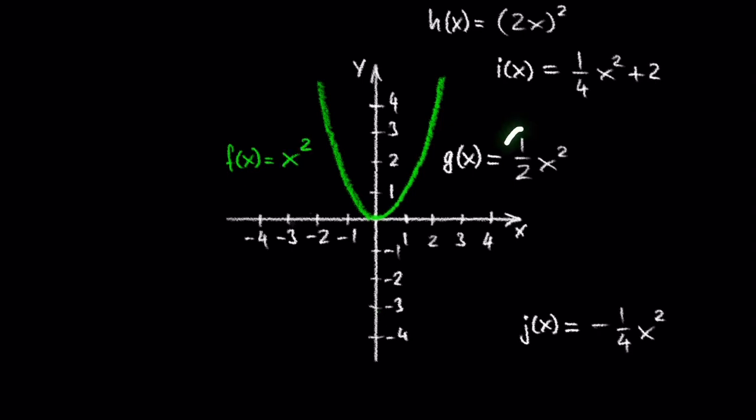Recall that a number between 0 and 1 compresses the standard parabola. So g of x is going to look something like this.